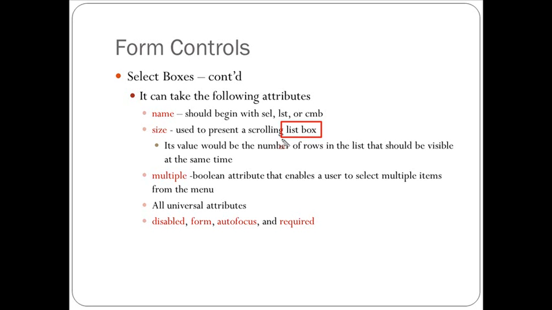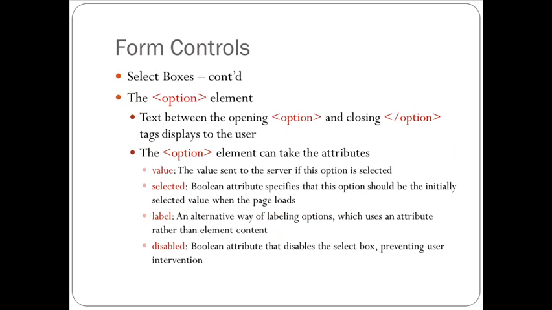If you set it for 3 and you have 6 items, there'll be scroll bars to allow you to get to the other 3, but it'll show 3 at any one time. It also has a multiple, which is a boolean that allows the user to select multiple items. They take all the universal attributes as well as disabled, form, autofocus, and required, as most of the ones we've been looking at do.